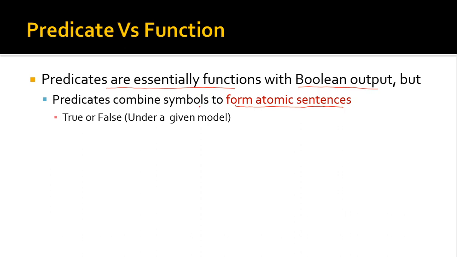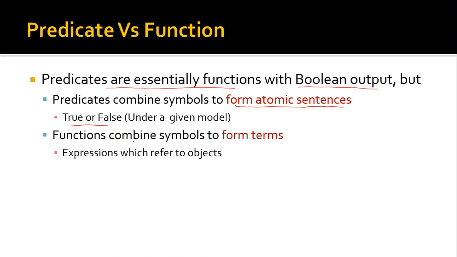As we have talked about earlier, a sentence must have a truth value, but a function does not have a truth value. The function can output something which is an object again, but the predicates output a truth value, so it can be true or false under a given scenario.